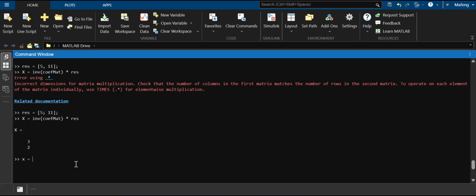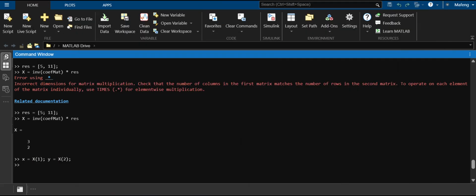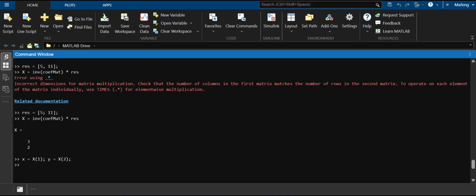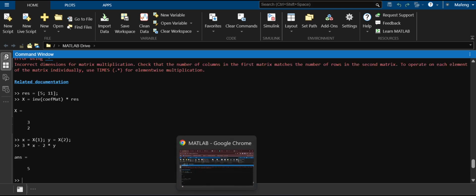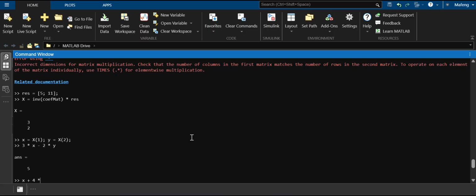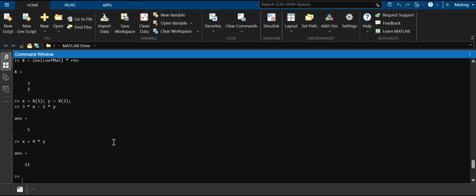So to confirm, 3 times x minus 2 times y gives me 5, and x plus 4 times y is 11. Right, so we solved that.